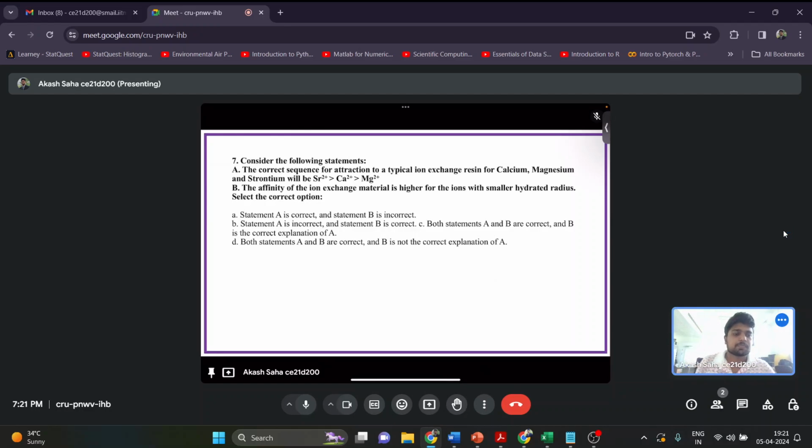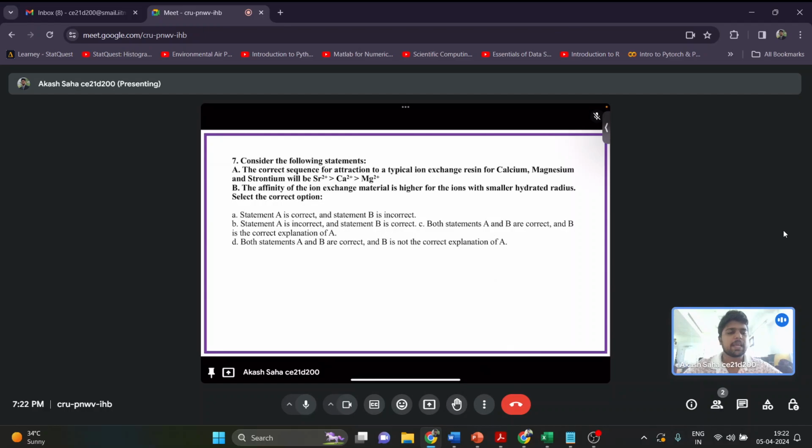So the size of the unhydrated atom will increase, but the size of the hydrated radius will decrease. Why is that so? Because ions larger in size and with typically low charges bind to the water molecules less tightly and have a smaller hydrated radius. So this is the reason.